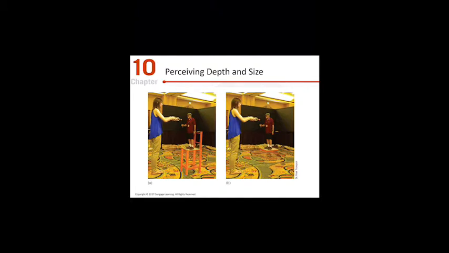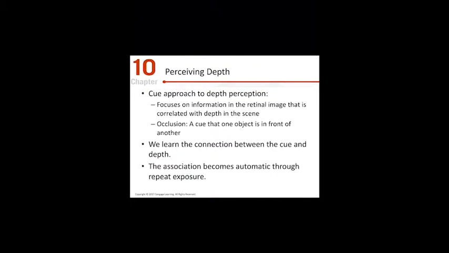But we're going to talk about some of the basic ways that we perceive depth in this lecture. It's going to be a little bit shorter than our typical chapter lectures. Okay, so let's talk about some of the cues that we use to perceive depth.